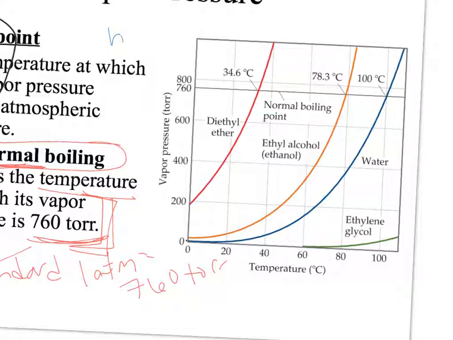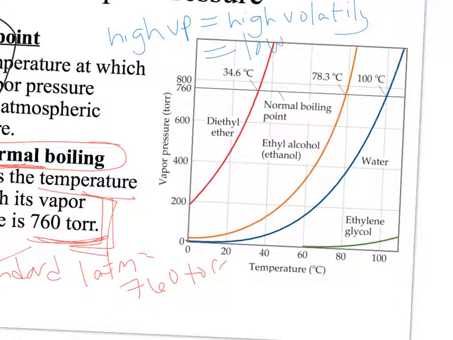So high vapor pressure, high VP, equals high volatility, but it also equals lower intermolecular forces. Conversely, if you have a low vapor pressure, that means you have higher intermolecular forces, because the attractions between your molecules are much stronger, which is why your vapor pressure is low. It's harder for those molecules to break free.